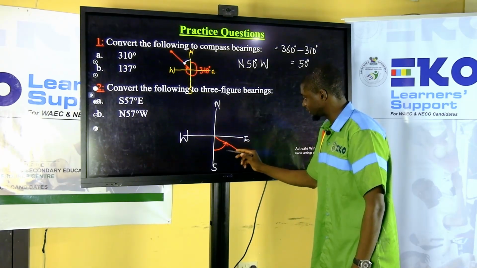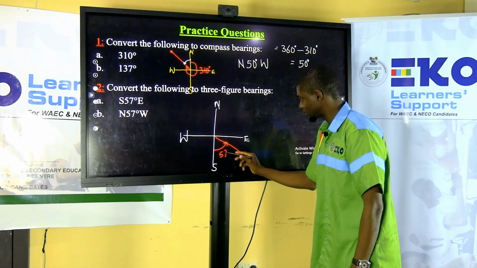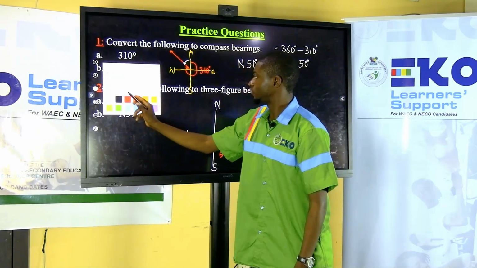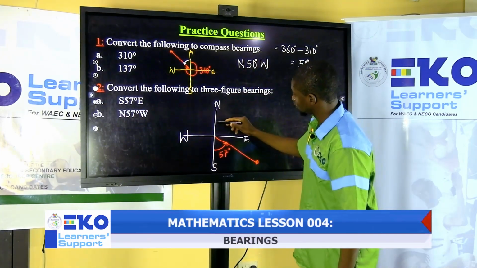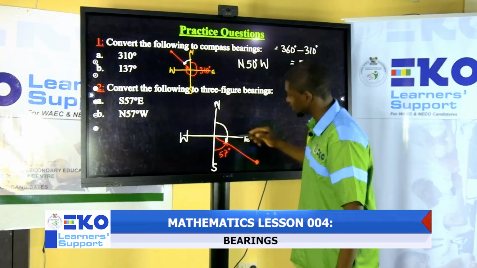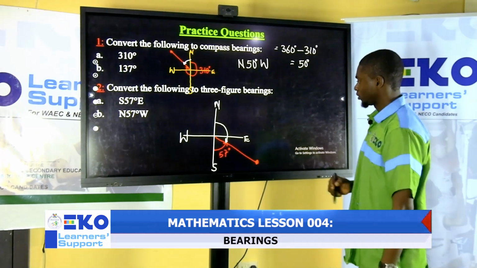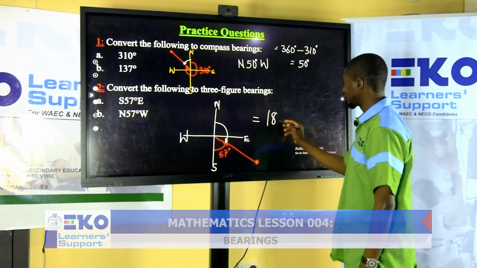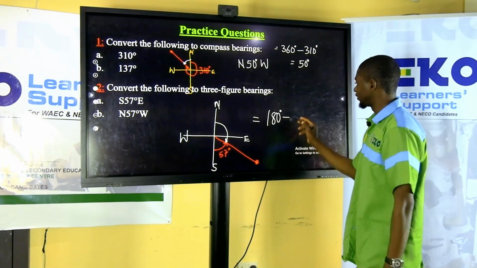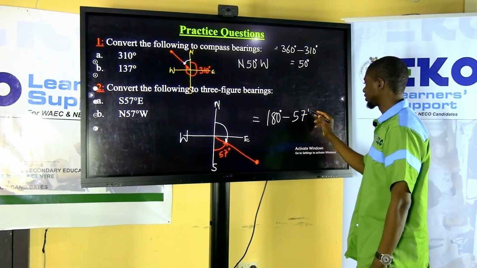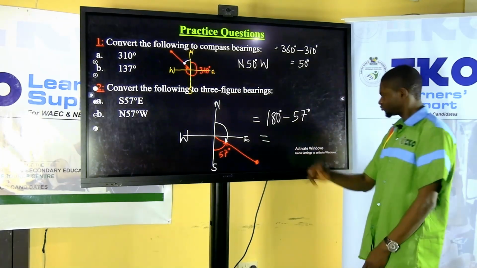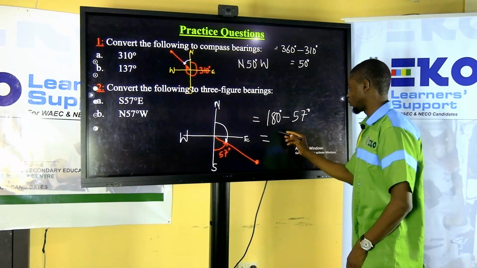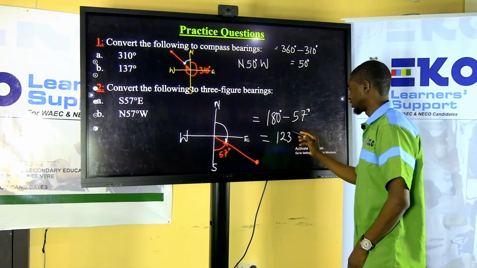So if this is 57 degrees, that means for 3 figures to be obtained, our 3 figures will be what completes this to make it 180, right? So now to get this, it will become 180 degrees minus 57 degrees, and that gives us, yes, 123 degrees.